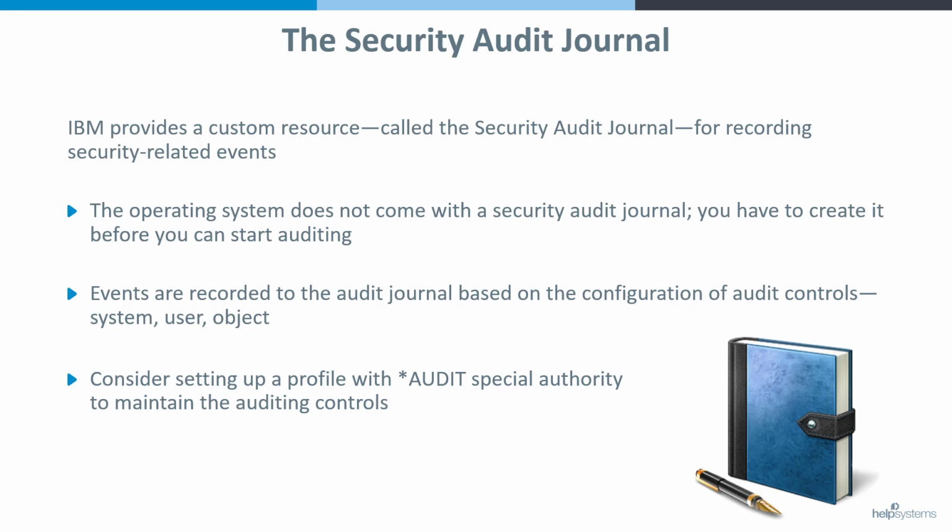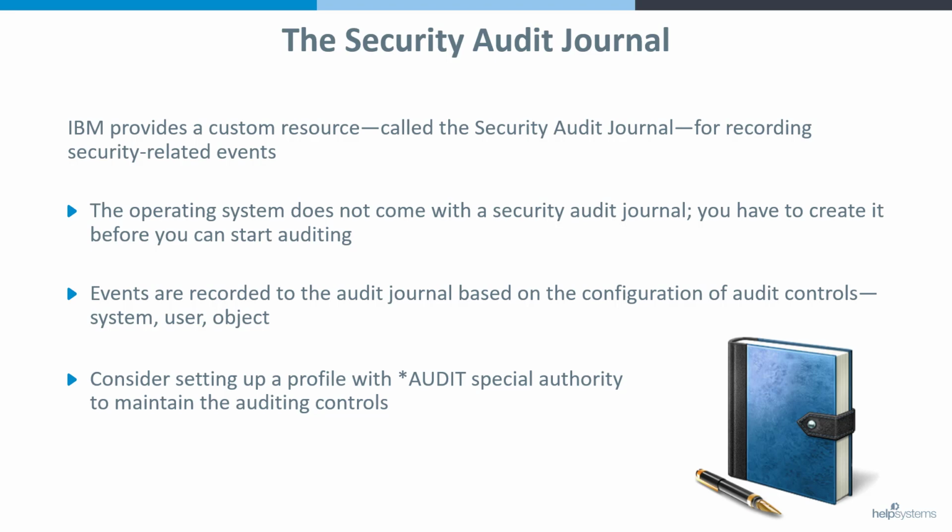The events that are seen are recorded into this audit journal based on the configuration of other audit controls, based on a system, a user, or even an individual object. My recommendation is to consider actually having a profile designated with Audit Special Authority, that's a user profile attribute, to maintain the auditing controls.